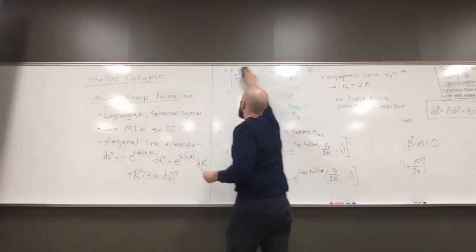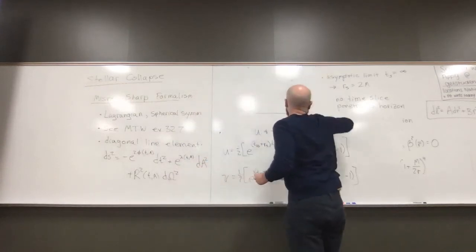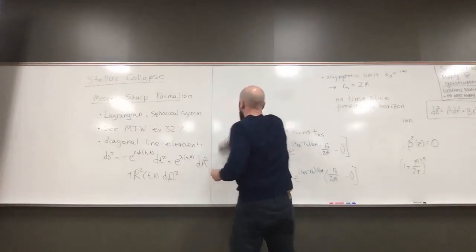So that's the line element of the metric for Misner chart.